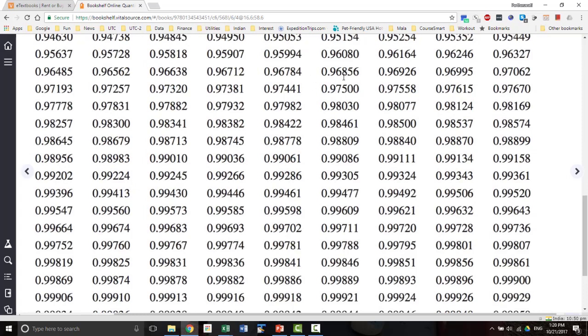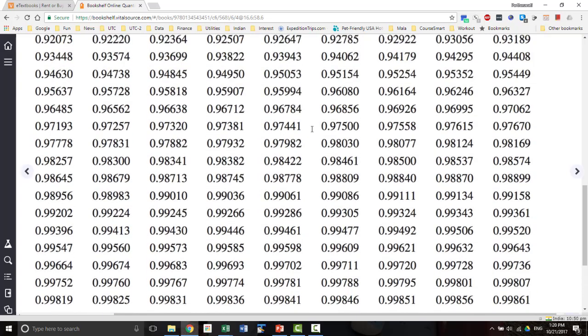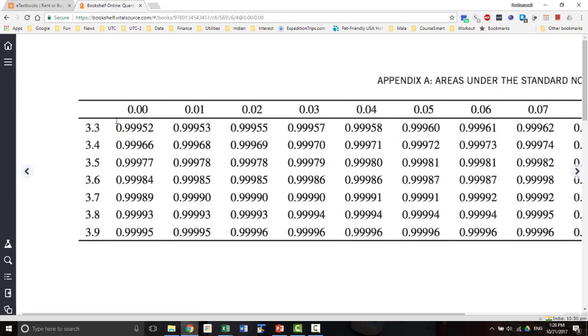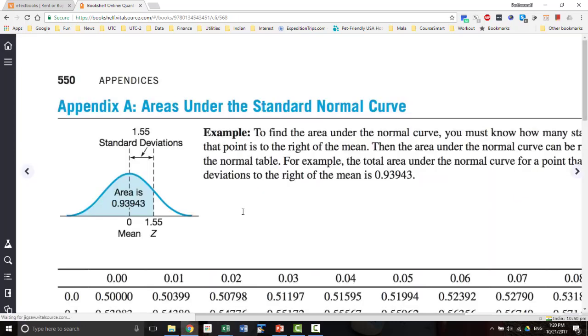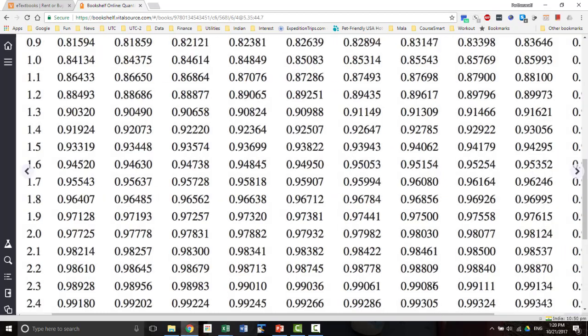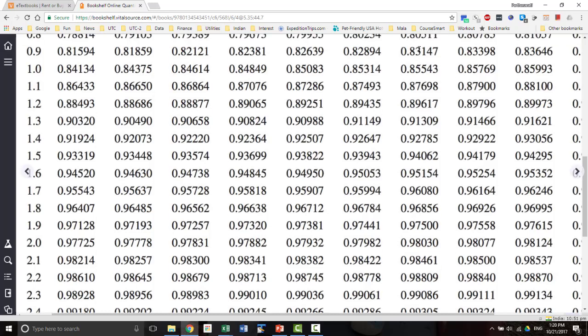Okay, so 0.975 is listed here. So you don't need to do any approximation more than the approximation that's already present in the table. And that is 1.9, there it is, 1.96.